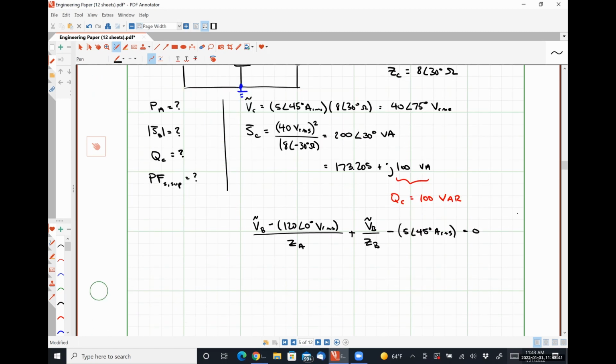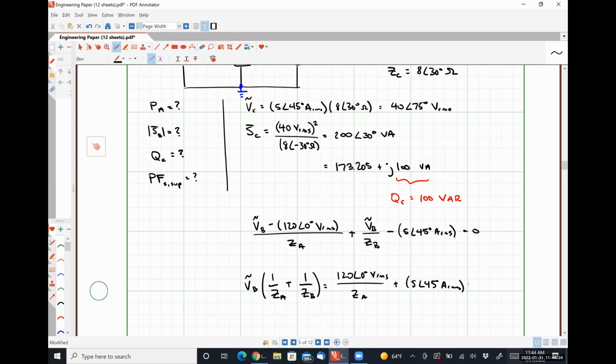Because our calculators, to my knowledge, are incapable of solving even this one equation, one unknown system, we have to do a little bit of algebra to make things work here. So that's going to look like VB times (1 over ZA plus 1 over ZB) is equal to 120 angle 0 degrees volts RMS over ZA plus 5 angle 45 degrees amps RMS.